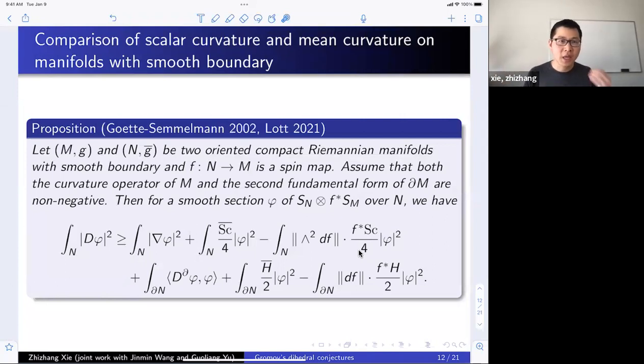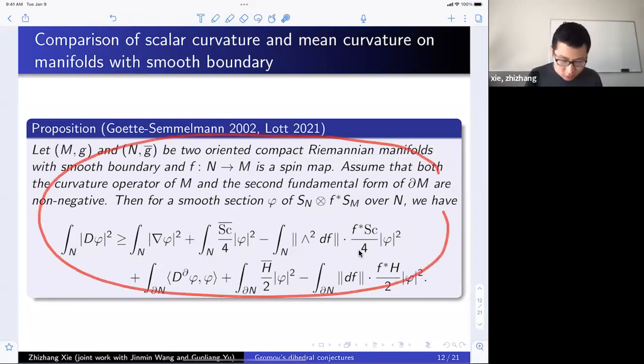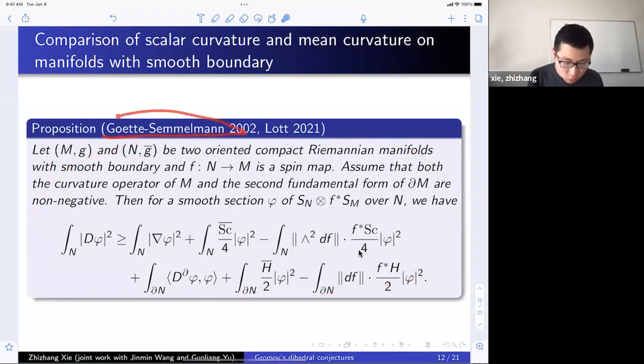In the manifold with smooth boundary case, for closed manifolds this was done by Gromov and Lawson, and for manifolds with smooth boundary this was done by Lott, which says that by using this twisted Dirac operator we just defined, for each section of this bundle here, we have the following comparison. You see the nabla. People are familiar with this. Basically, you work with the Bochner type argument.